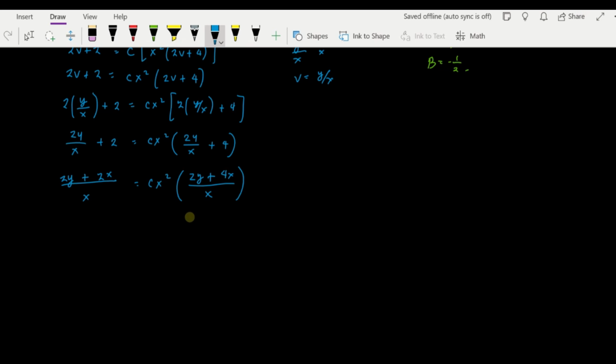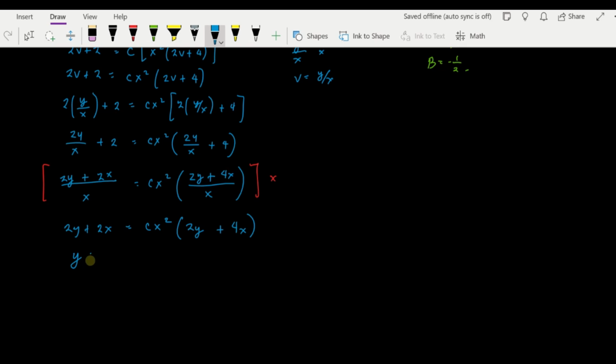Pagdating dito, pwede na nating i-multiply both sides yan by x. Okay, multiply both sides by x. So, kaya makakancel yung mga x sa denominator. So, we have 2y plus 2x equals cx squared times 2y plus 4x. So, ayan. Ito, makikita naman ninyo lahat ng terms may 2, 'di ba? Pwedeng i-divide all the terms by 2.